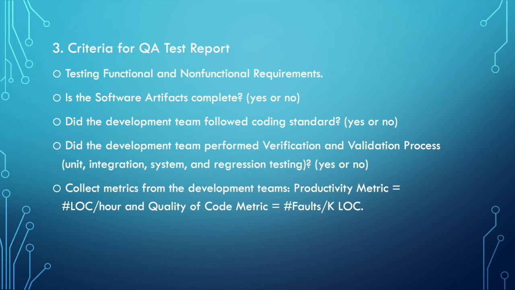All of this will be included in the time to determine the number of lines of code that you produce. And the quality of code metric measures the quality of the code that you produce by telling us the number of faults that you have per 1,000 lines of code. Okay?